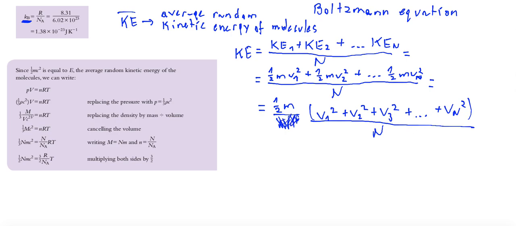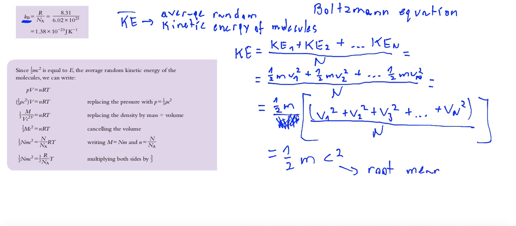Okay, so what is this part? This part is known as the root mean square speed, which is not exactly the same as the average speed, because in the case of average speed you have to add all speeds and divide this by the number of molecules, so by n.